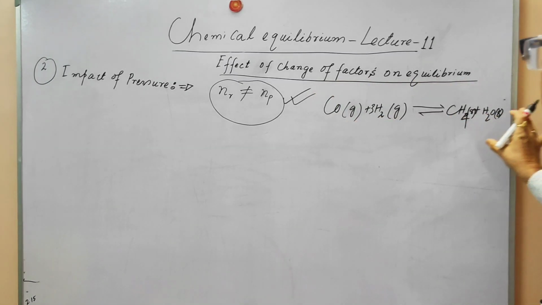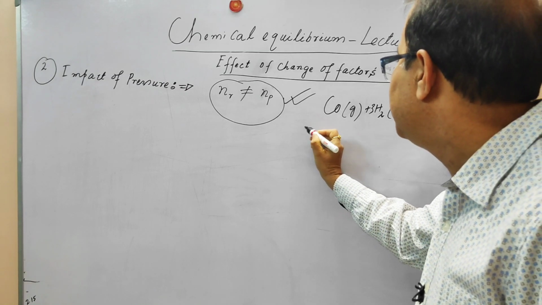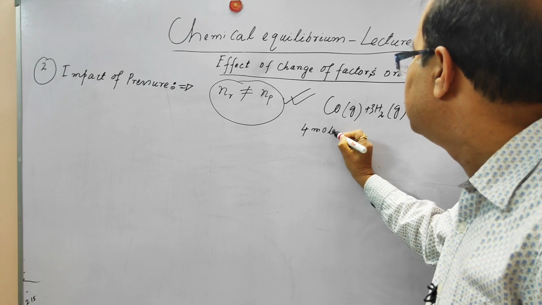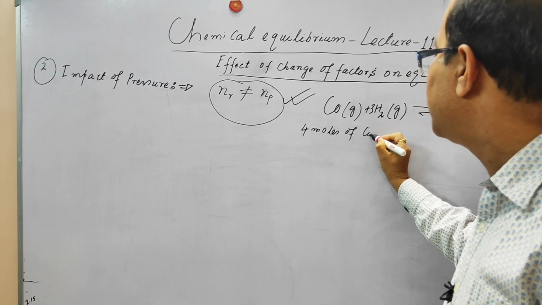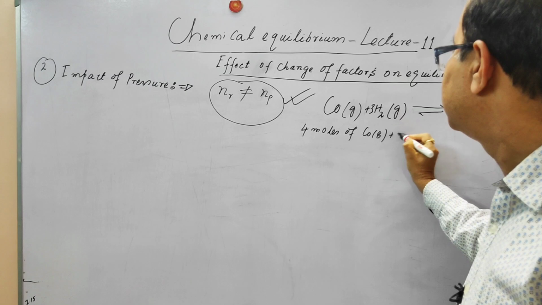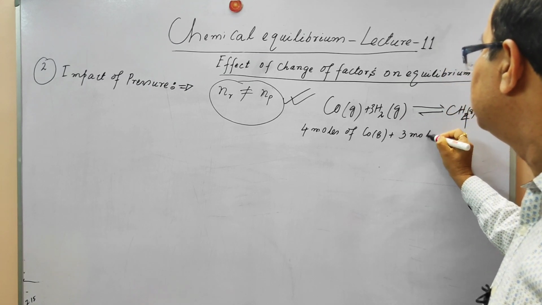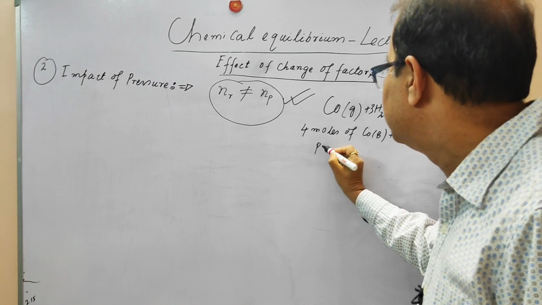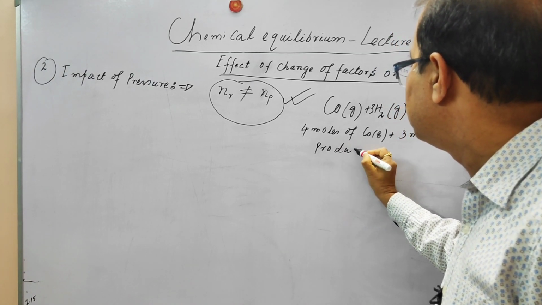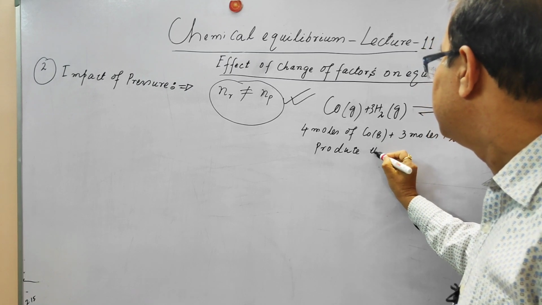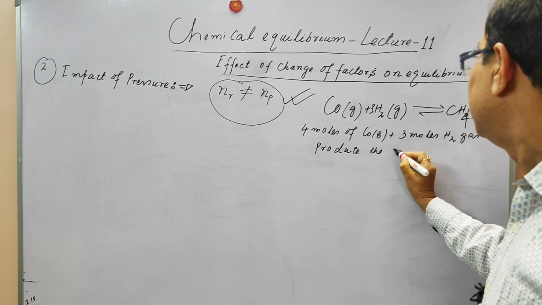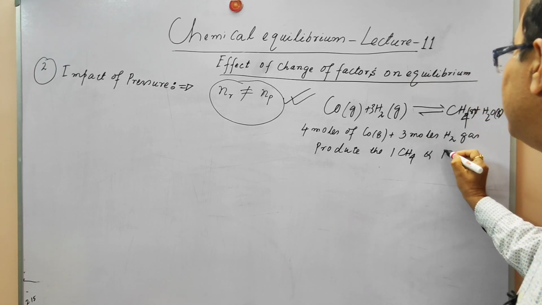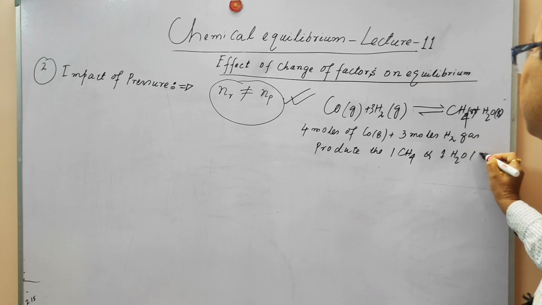These are all gaseous. So you can see that 1 mole of carbon monoxide gas plus 3 moles of H2 gas produce 1 mole of CH4 and 1 mole of H2O gas.